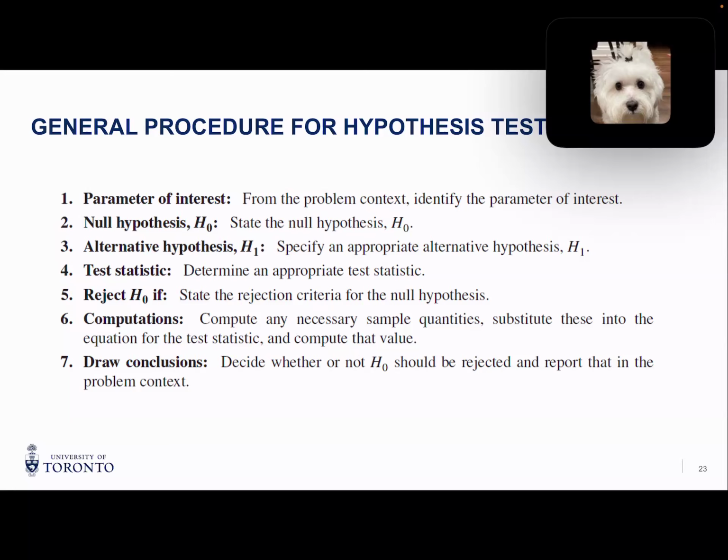Am I checking for variance? Do I know the population mean? Or do I know the population variance? Then state the rejection criteria for the null hypothesis. Calculate, draw conclusions. Pretty straightforward, right?